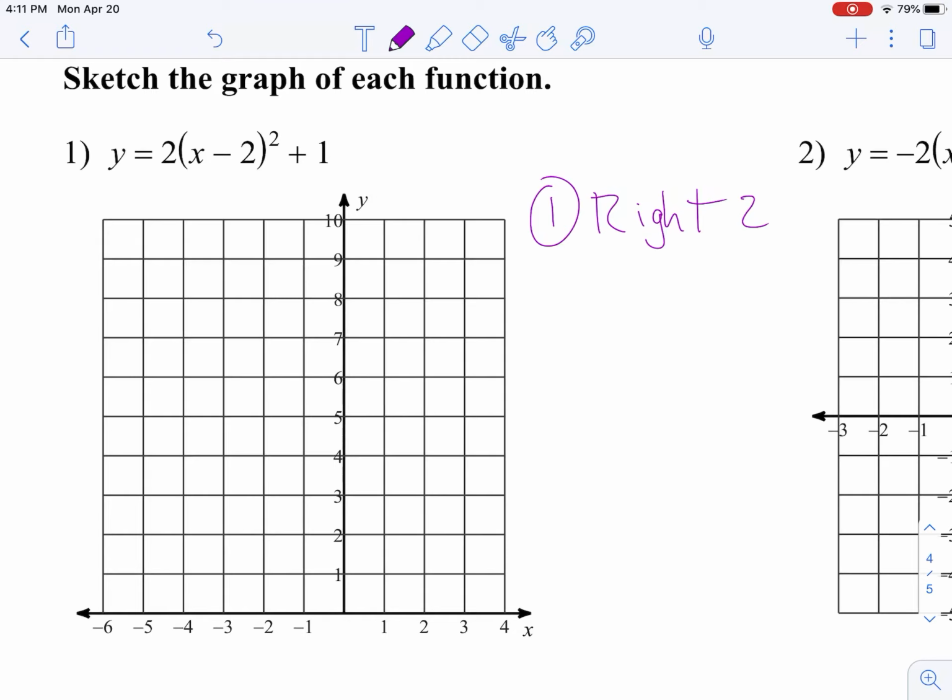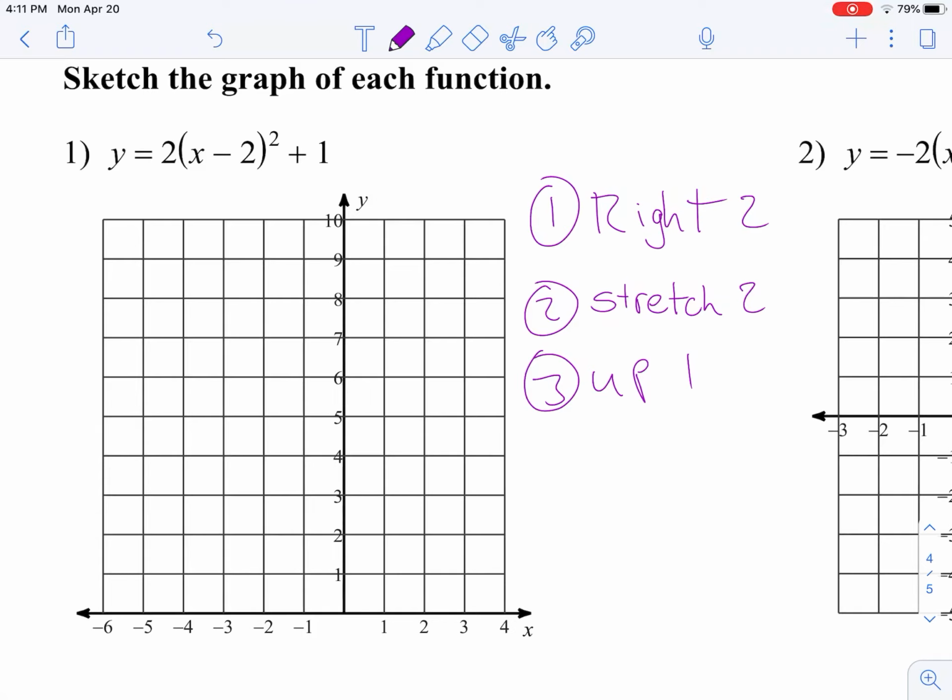There's no flip, but there is a stretch of 2. So our y value is stretching by 2. And then the whole thing is shifting up 1, which really affects our y value, again, up 1.